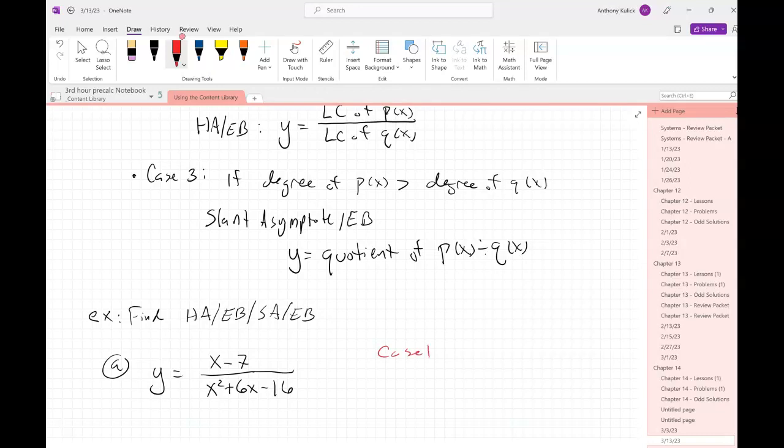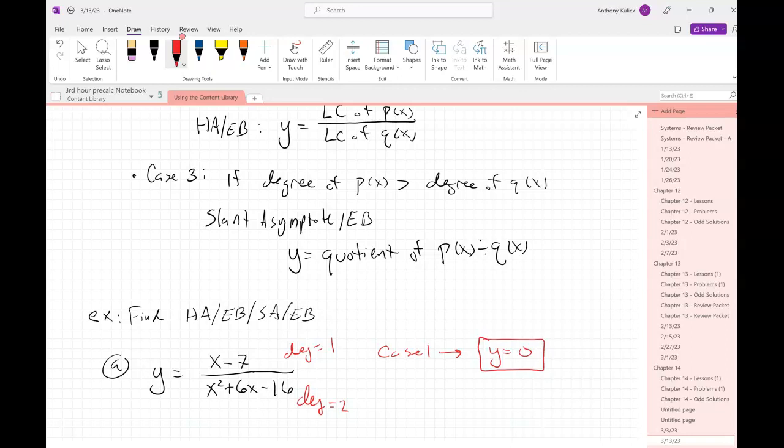This is case 1 because the degree of the numerator is 1. The degree of the denominator is 2. So what does that tell me is going on in case 1? Y equals 0. Now technically, this is actually an end behavior, not an asymptote.